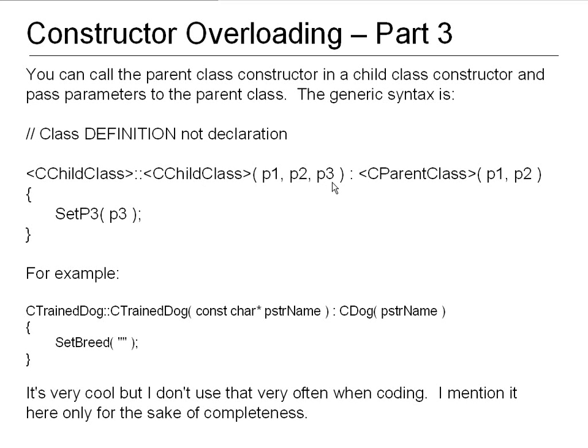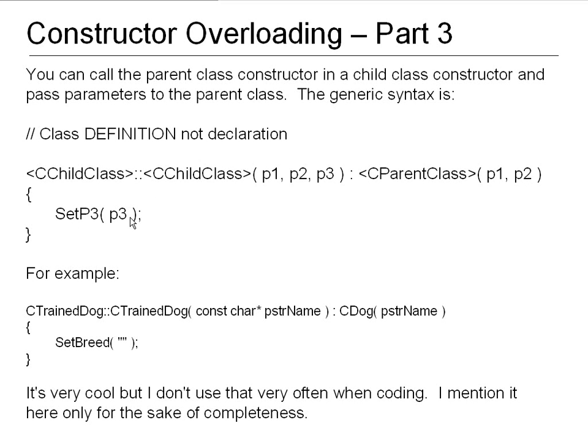I've left out the data types for simplicity. If you want to pass those parameters to the constructor of the parent class, you put a colon and the parent class name that was inherited, and then any parameters in parentheses. Now, of course, there must be a parameterized constructor with matching number of parameters and data types.